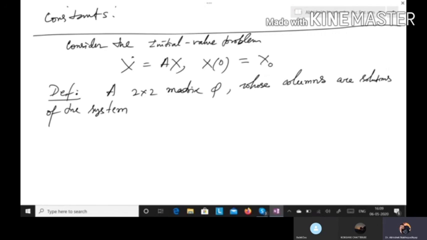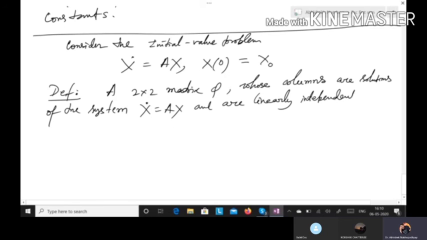So a 2 cross 2 matrix phi whose columns are solutions of the system x dot equal to Ax. And another condition is these columns are linearly independent at some t0.